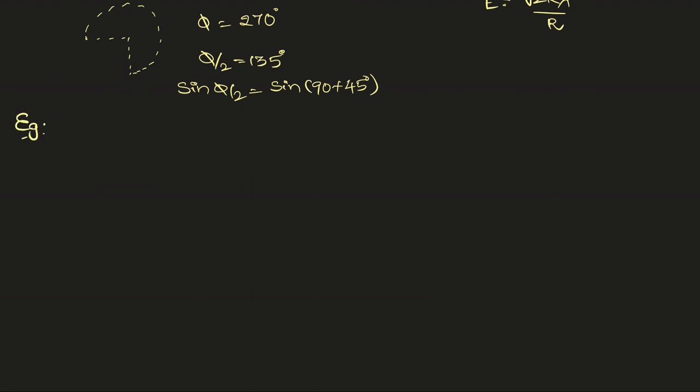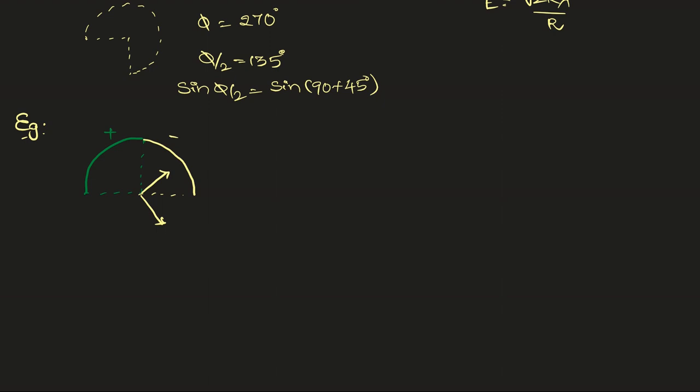Suppose there is a quarter circle which is positively charged, and there is another quarter circle which is negatively charged. Both have the same charge density. Due to the positive charge, the field will be directed away. Due to the negative charge, the field will be directed inward.